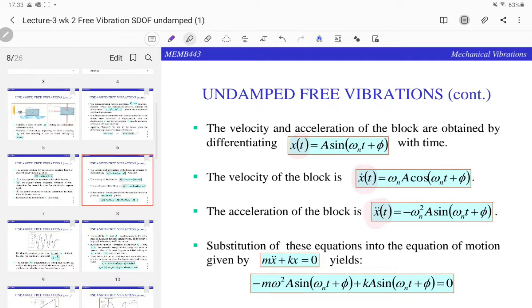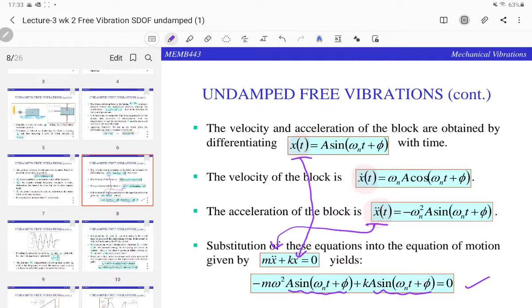What you need to do is substitute this assumed solution, the x double dot and also the x, into this formula. You will get this expression. Because it equals 0, you can see here that you have a common term of A sine of omega n t plus phi.